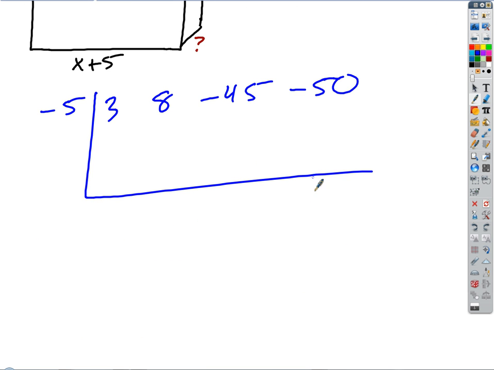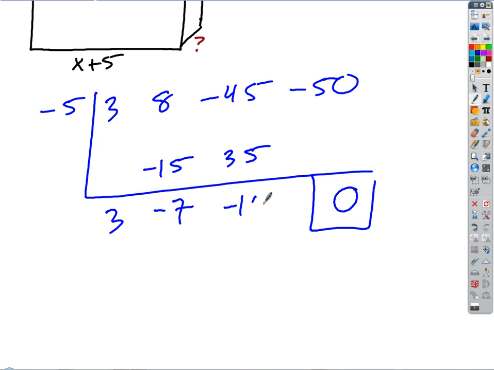And that has to be what? Zero. If it's not zero, something's wrong. So we bring the 3 down, -7, 35. Okay, so it worked, right? So that guy's gone. Now we'll repeat the process.